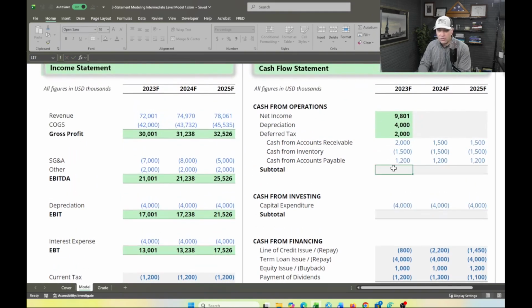And then all we do with the subtotal is add up, just to show how it works here. We're adding up net income. I'm going to add back in depreciation. I'm going to add back in deferred taxes. And then, as we'll see in the level two, the three-statement model, we are looking at the change in accounts receivable, the change in inventory, and the change in accounts payable.